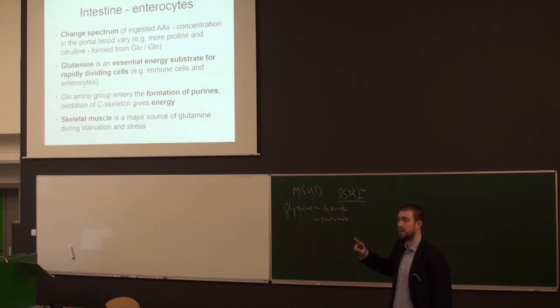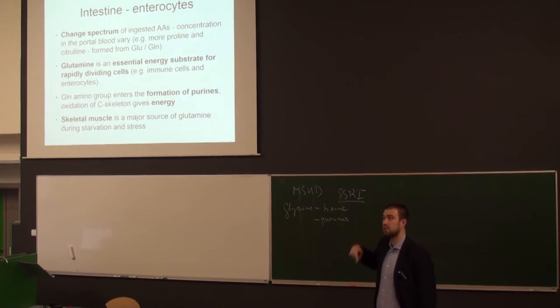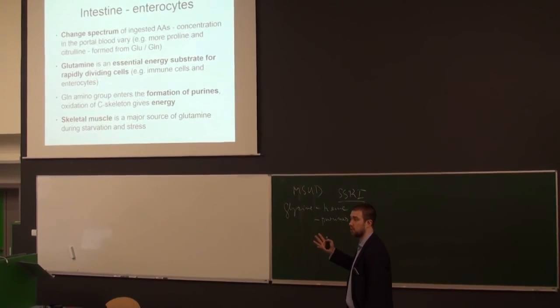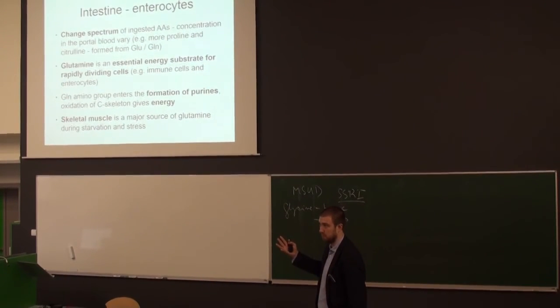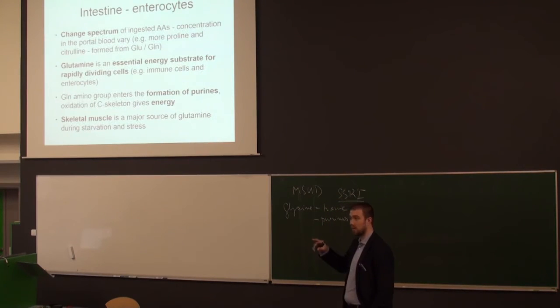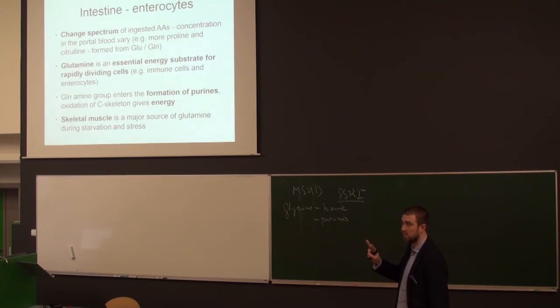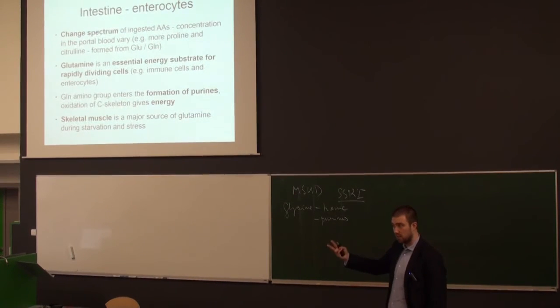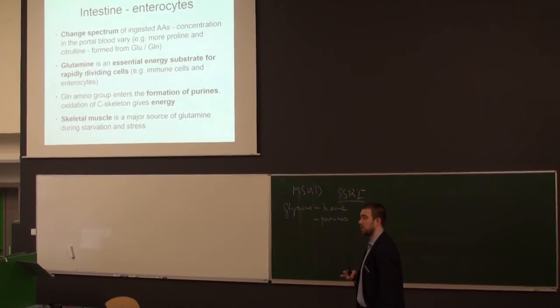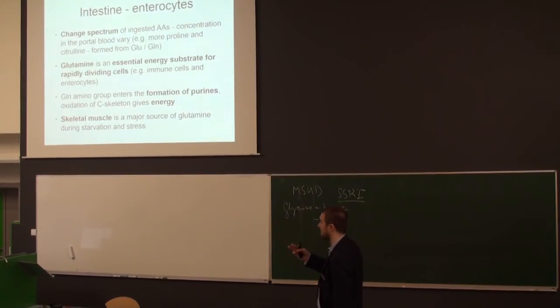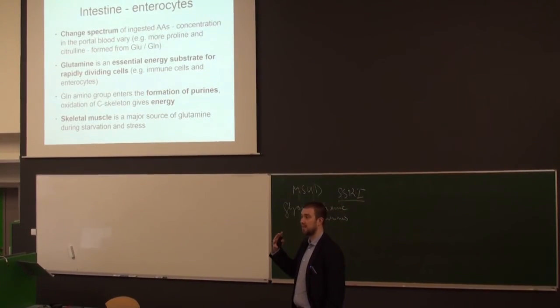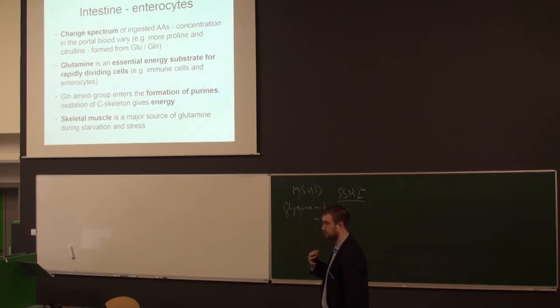And rapidly dividing cells, of course, must have adequate production of nucleic bases. That means in glutamine you have in one molecule two good things for rapidly dividing tissues: a substrate for the production of nucleic bases, and the carbon skeleton of glutamate can be simply utilized as an energy source.